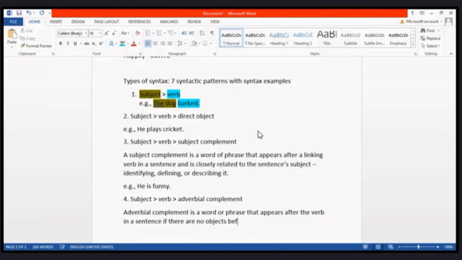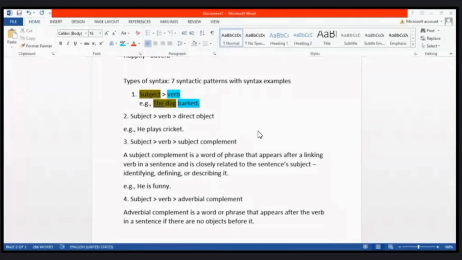So there's a subject, there's a verb, and if there's no direct object, then we can place the adverbial complement right away. If there was an object, then the object would come before the adverbial complement. But if there are no objects, we place the adverbial complement right after the verb.